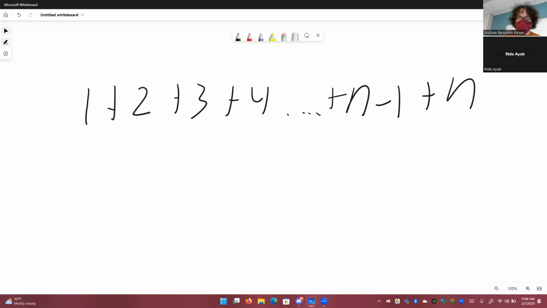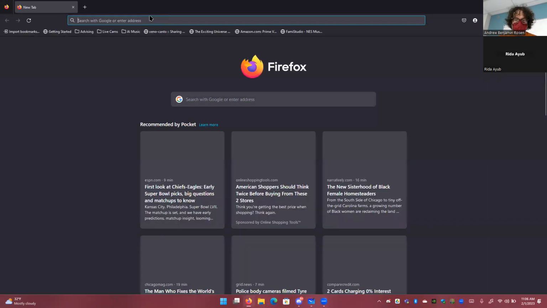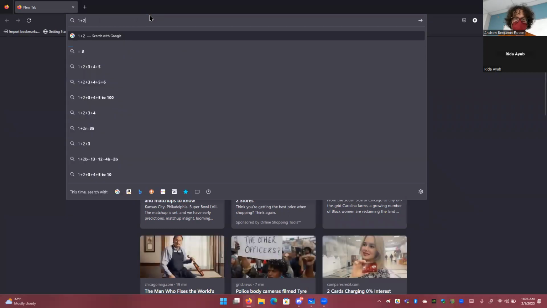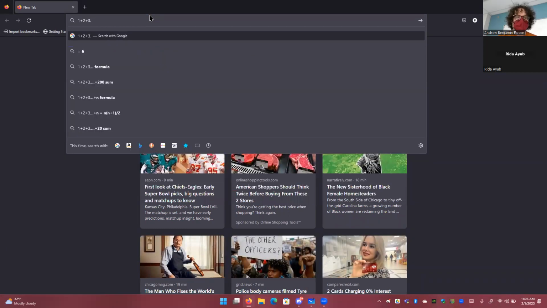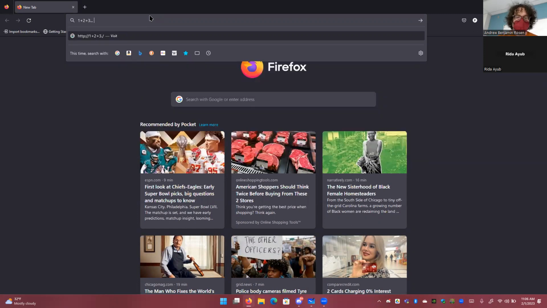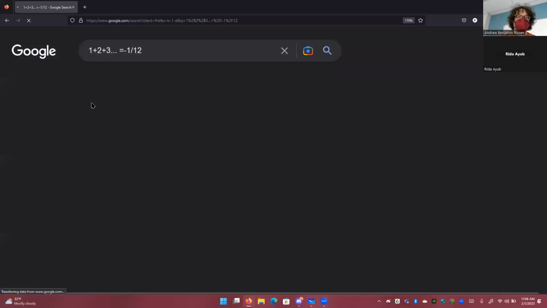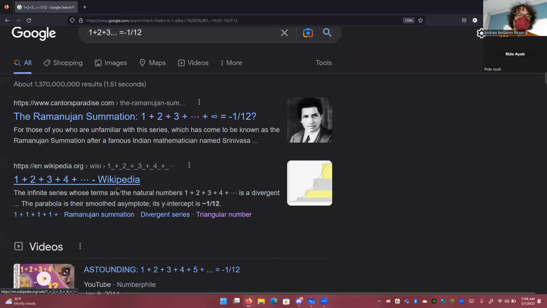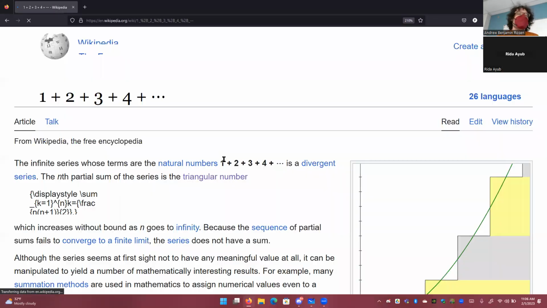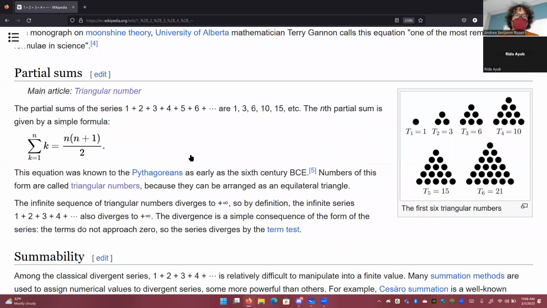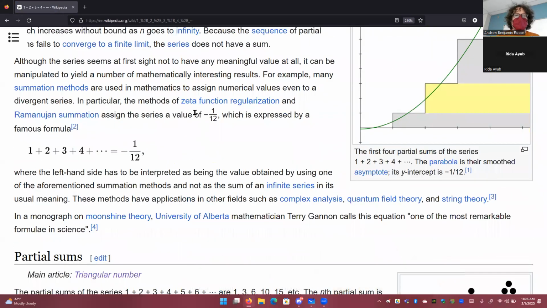And that is not to be confused with this equation, which is 1 plus 2 plus 3 all the way up to infinity, which, as everybody knows, comes up to a value of negative 1/12.